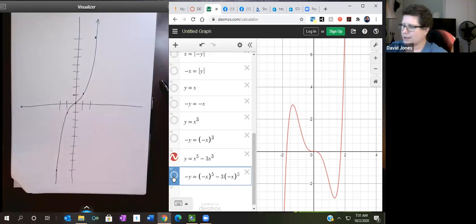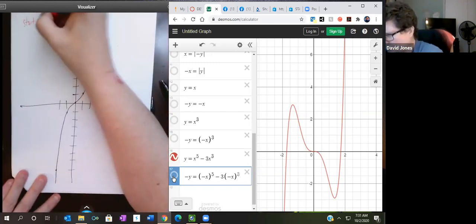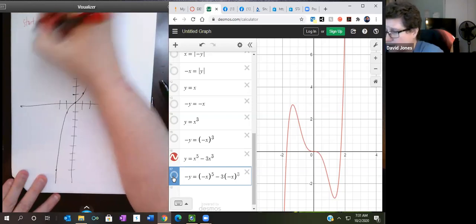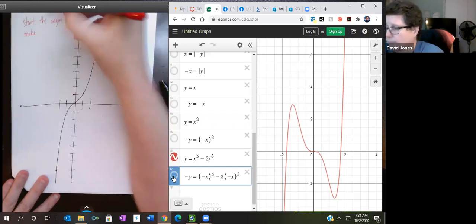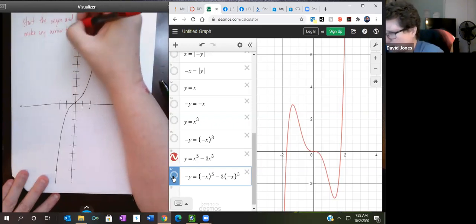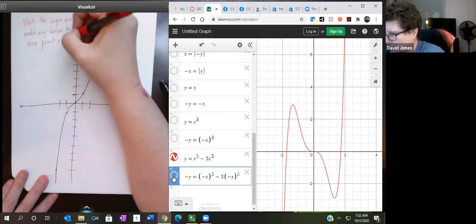If we start at the origin, and make an arrow to any point on the line in the graph.